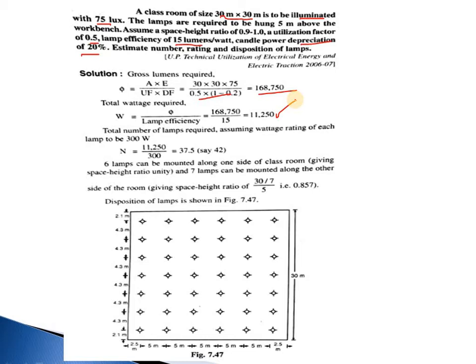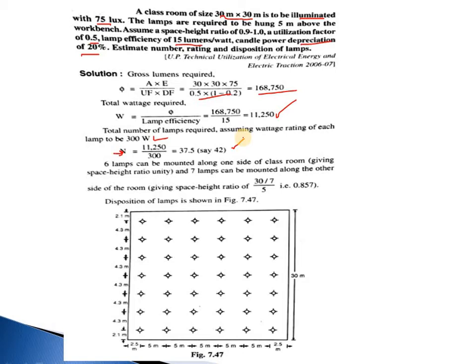Now the total number of lamps required, assuming the wattage rating of each lamp to be 300, the number of lamps required is n. It will be 11,250 divided by 300, that is 37.5. It is the number of lamp requirement.